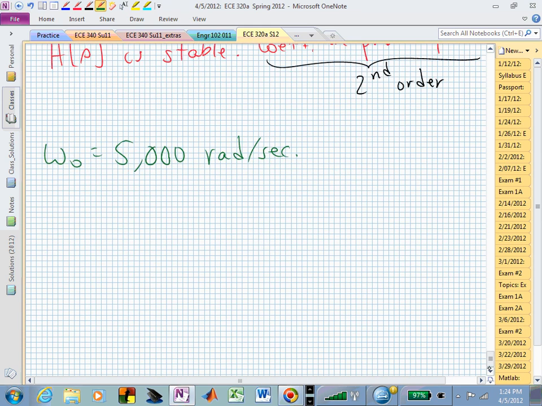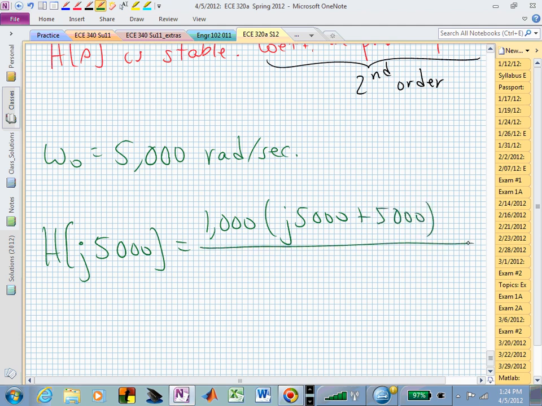Now we simply have to find what H is at j 5,000. We had 1,000 for a coefficient, we had s plus 5,000, and we replaced that s with j 5,000.